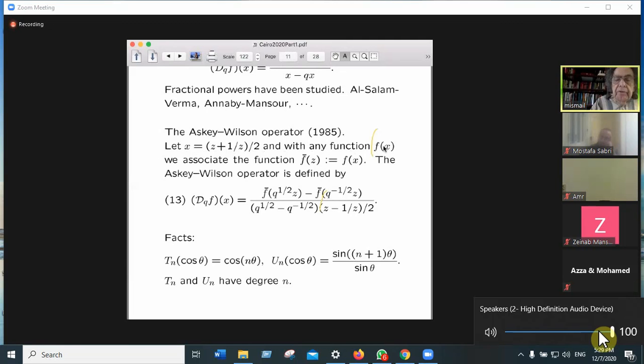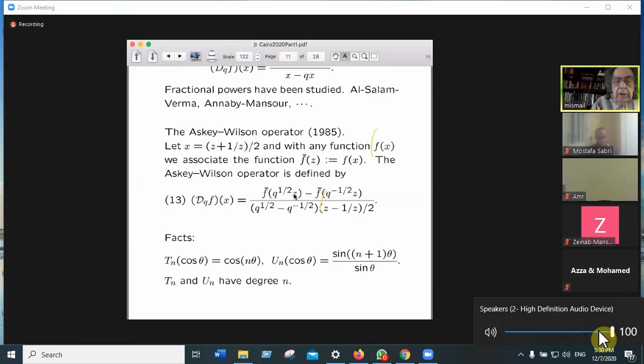Then any function of x, I can write it as a function of z after I change variables like this. So my f of x defines f check of z. And now the operator is defined on f check.